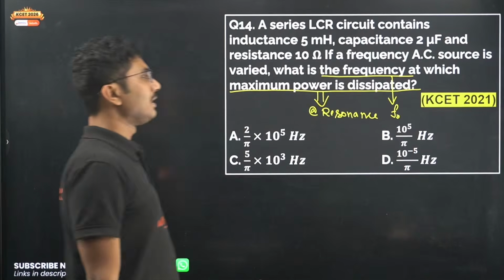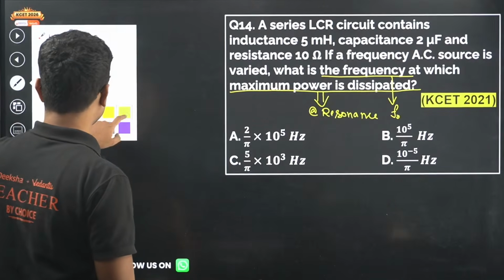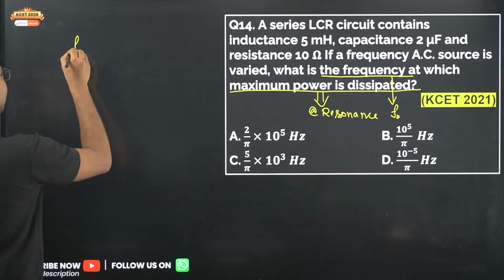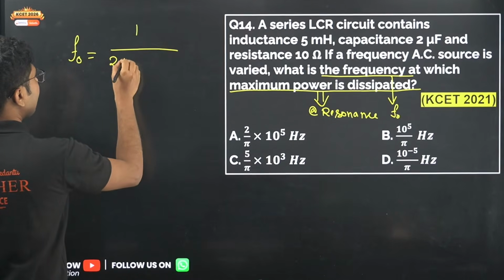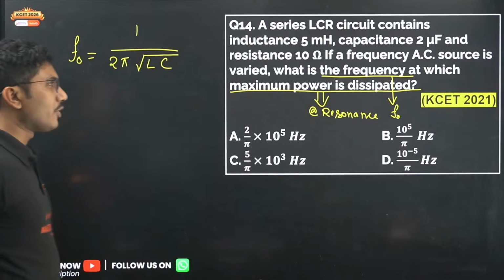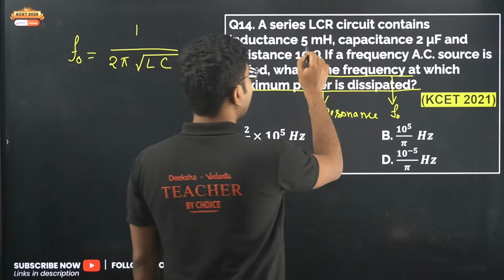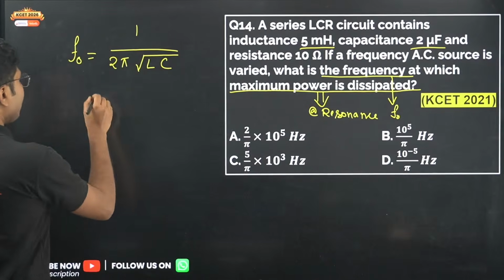So we just need to calculate the resonance frequency in this case, and the formula is well known. Resonance frequency is given by 1 by 2 pi square root of LC. Resistance has no role to play over here, so only the inductance and capacitance are sufficient.